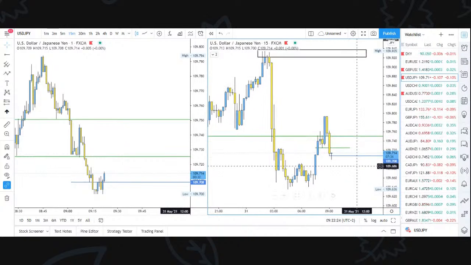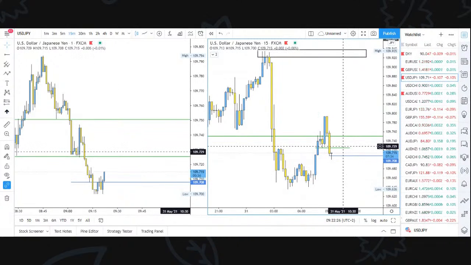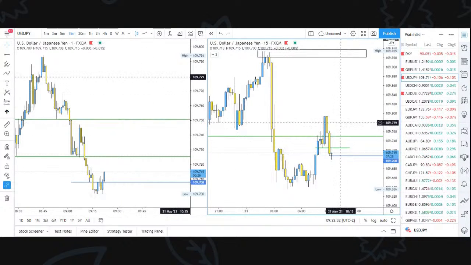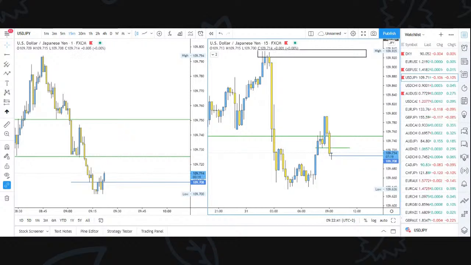So what you can now expect is hopefully price gives us a wick right here, then we can enter that sell stop and hope that price goes back bearish within this 15-minute candle. That's all it is, mate. That's honestly all it is.